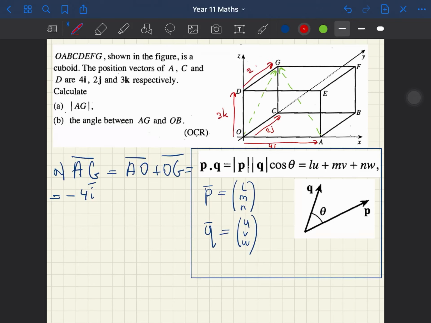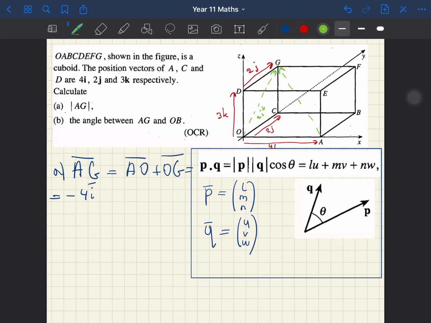Sorry about that, a lot of mistakes today for me. So this is 3k plus 2j, or we actually should say 2j plus 3k, right? This should be more correct, because we have to keep them in alphabetical order.